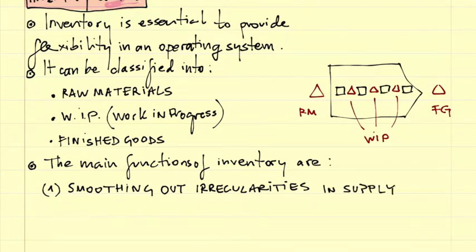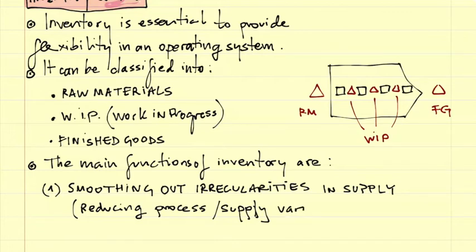Okay, so reducing, this means reducing process and in the end supply variability.